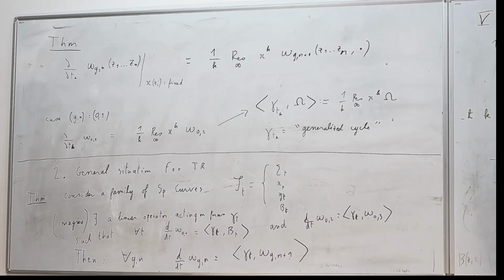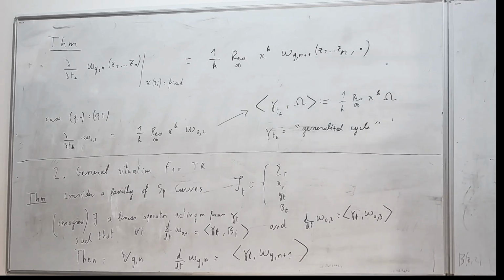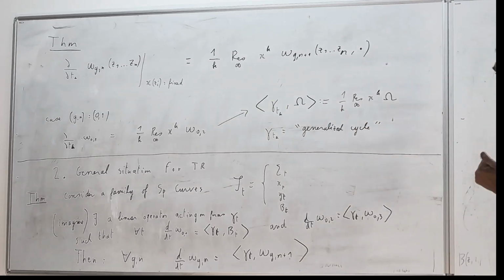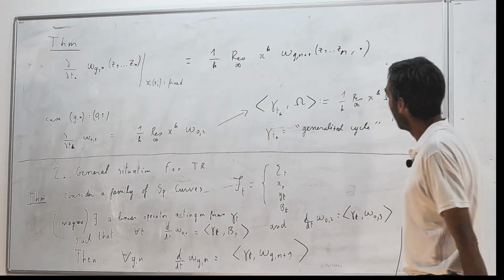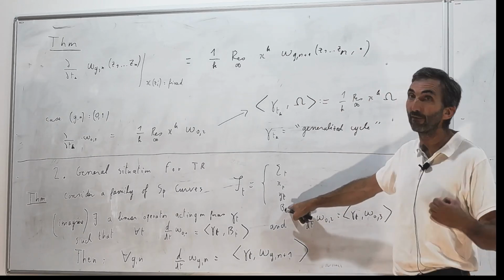All right, so this means that there is a way to compute deformations of the omega g n of spectral curves. I showed you in the previous chapter how to deform B by adding this kappa term.